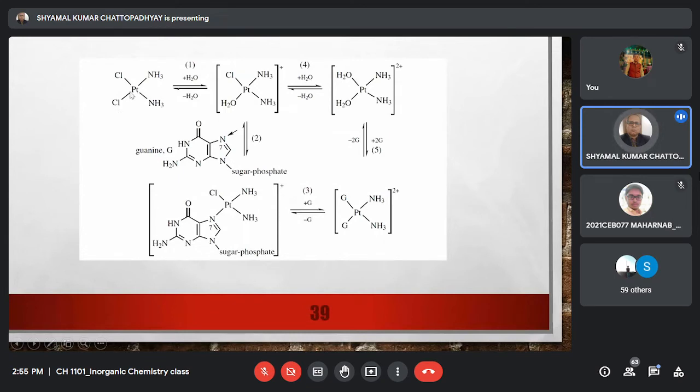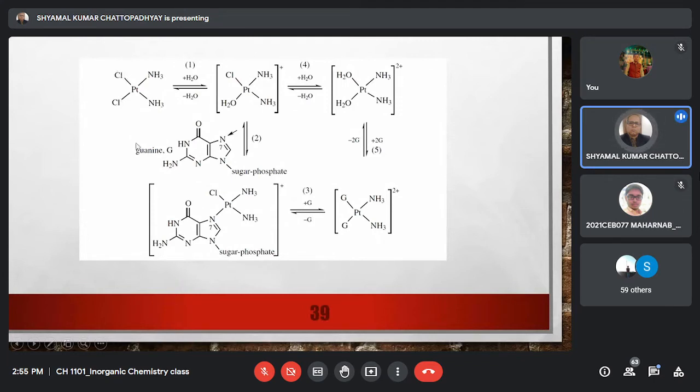extra chloride concentration, the chloride ions cannot go out from the coordination environment, because even if chloride dissociates, there is sufficient chloride in the surrounding. Chloride will immediately get coordinated. So in blood, these chloride ions do not undergo much dissociation. There will be some dissociation, but it may not be very pronounced.